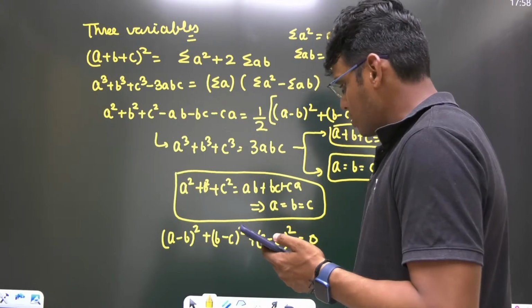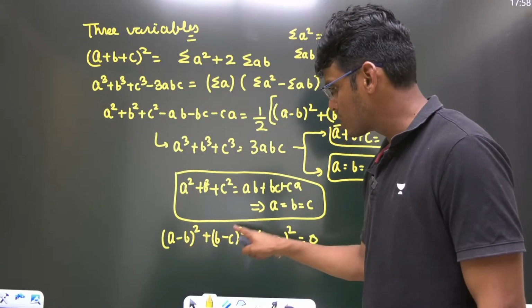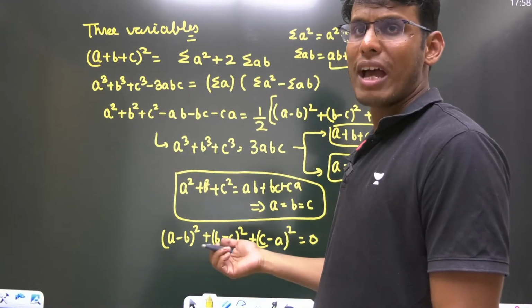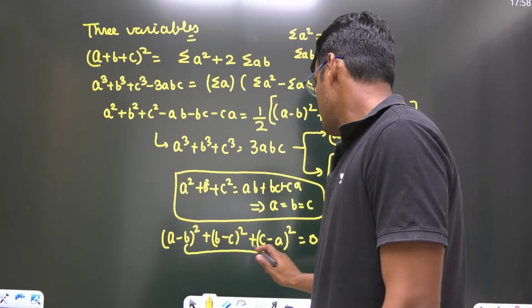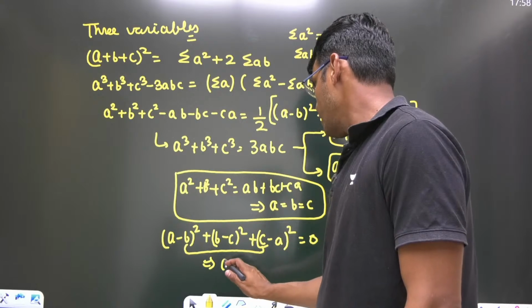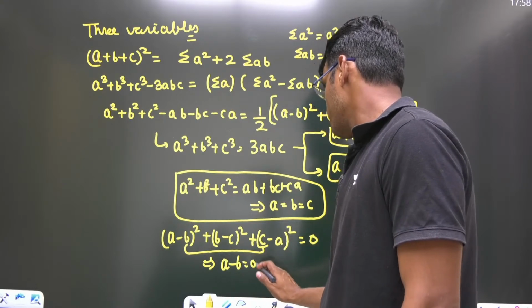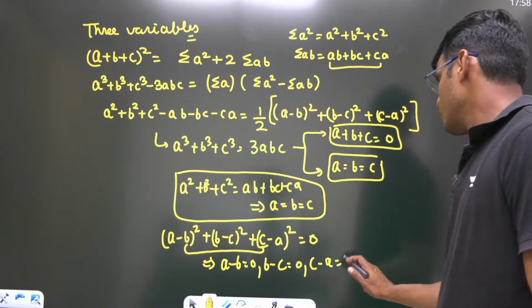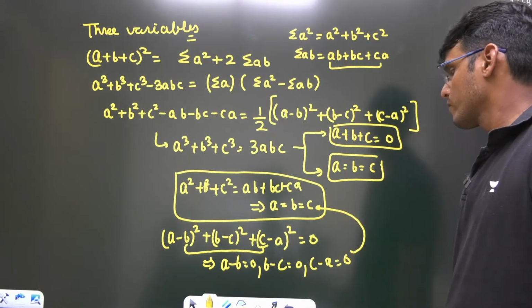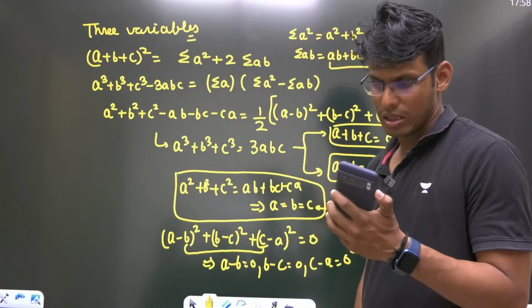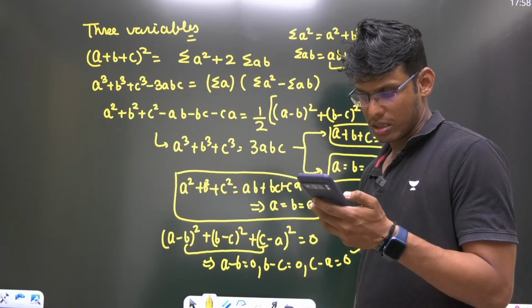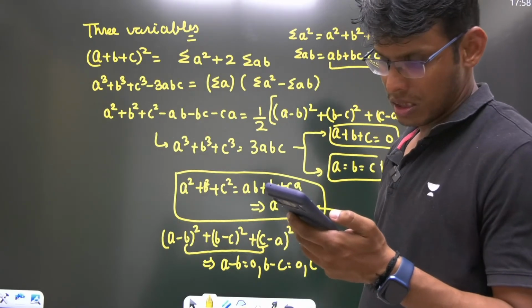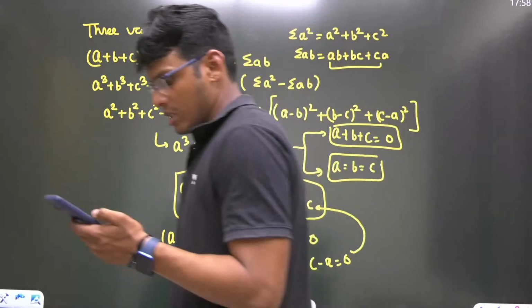So that is why we have A minus B equal to 0, B minus C equal to 0, C minus A equal to 0, which essentially means A equals B equals C.